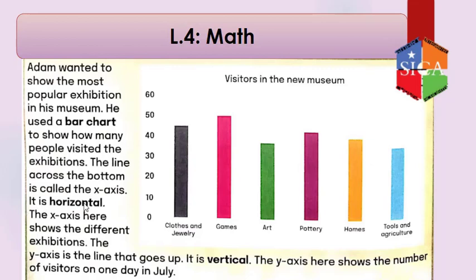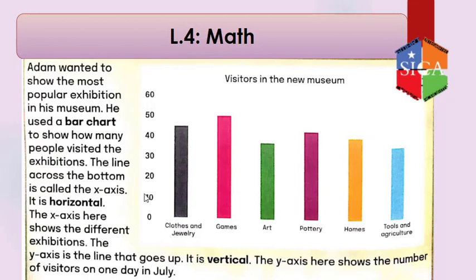It's horizontal, this one. This one is the horizontal axis. The x-axis here shows different exhibitions. The y-axis is the line that goes up, this one, from 0 to 60. It's vertical, this one is the vertical axis. The y-axis here shows the number of visitors on one day in July.